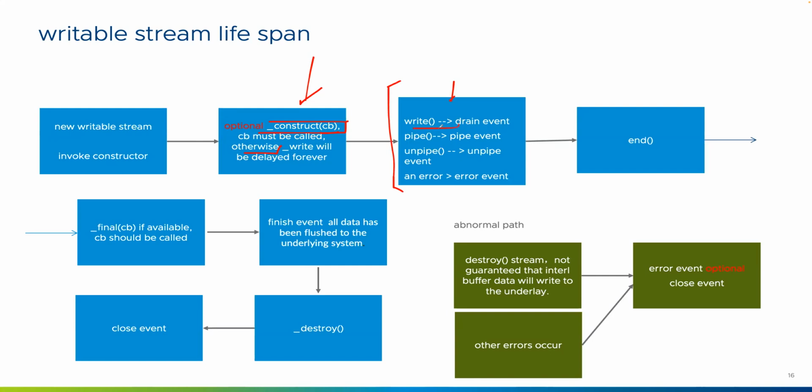And we write many times, and we can use pipe to pipe other streams and end pipe to tear down other pipes. So this is a common action you can use in the middle of the life cycle.